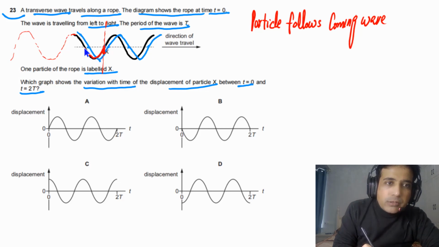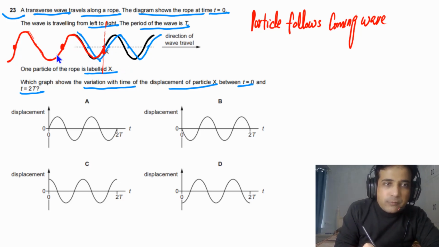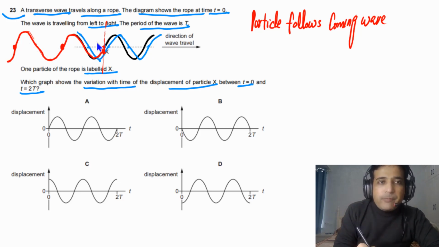So this is the displacement of the particle with time, how the displacement varies with time. From here to here is after one period of time, and from here to here is after another period of time, meaning 2T. Its displacement will change like this. This is a simpler way to do this. Otherwise, you can simply draw the wave and see.